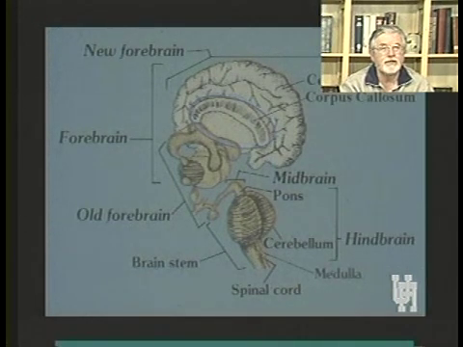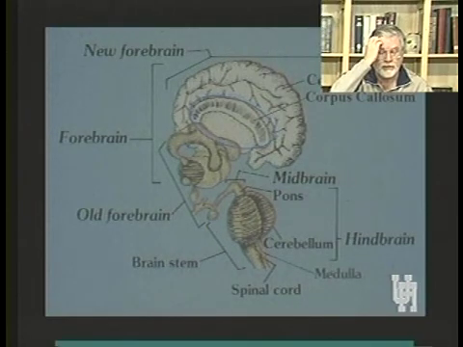One of the benefits of actually severing the corpus callosum so that the two hemispheres cannot communicate with each other directly is that it cuts the severity of the epileptic fit by as much as 60, even 70%.